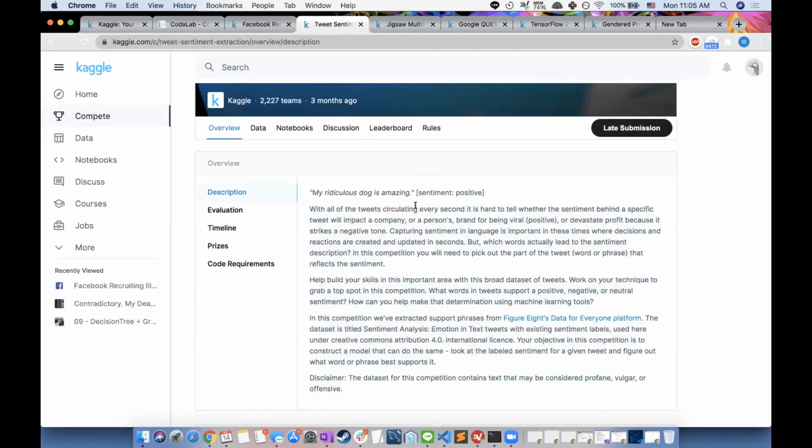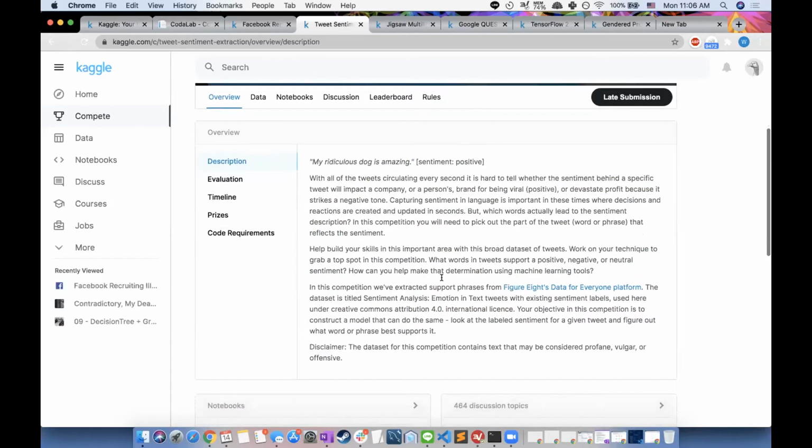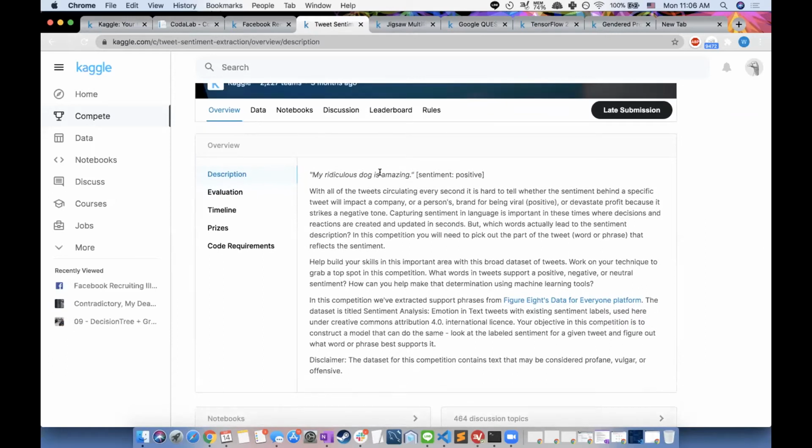And yes, Gotham, you were right. Yes, we're trying to extract amazing. But which words actually lead to the sentiment description? In this competition, we need to pick out the part of the tweet, word or phrase, that reflects the sentiment. So in this case, it would be amazing. But that's the thing, right?